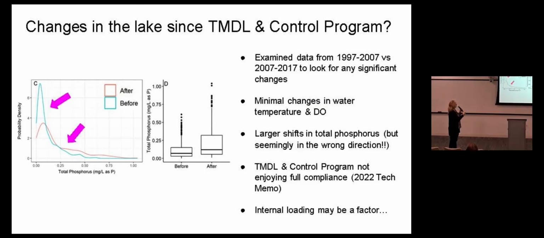After, you still get lower measurements, but you get an increase in probability of higher measurements. It's not a huge increase, but basically you're not seeing the decrease in phosphorus that was hoped for with the TMDL. There are a lot of reasons for that, one of them being that there might be an internal nutrient loading issue in this lake.